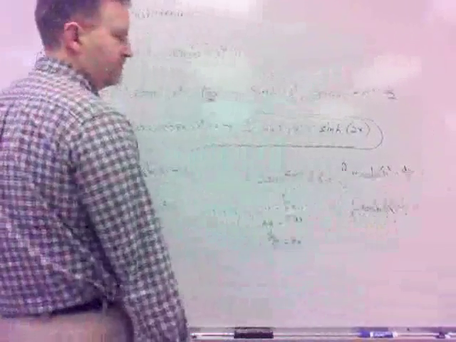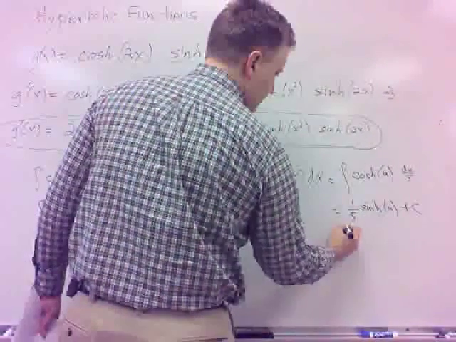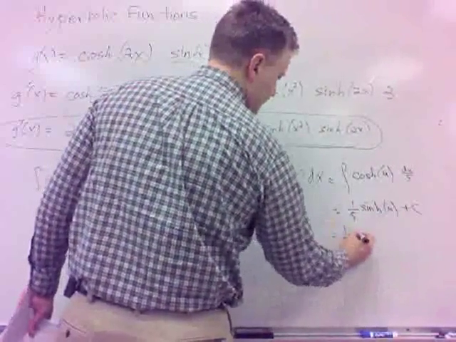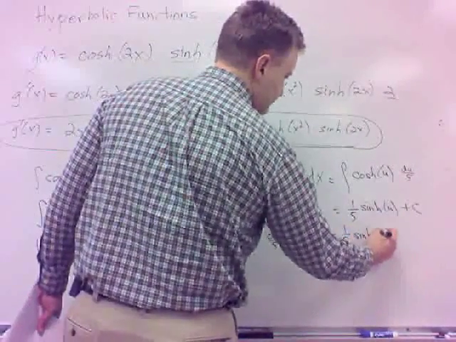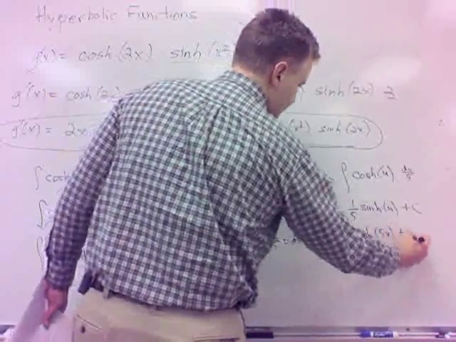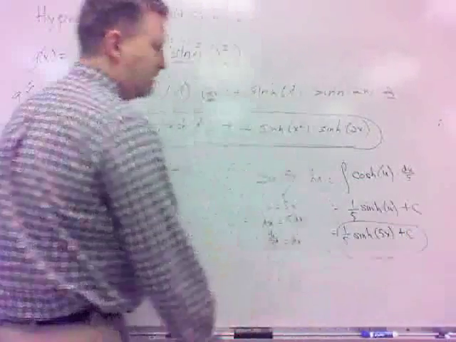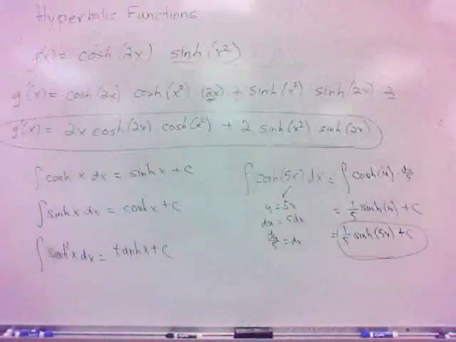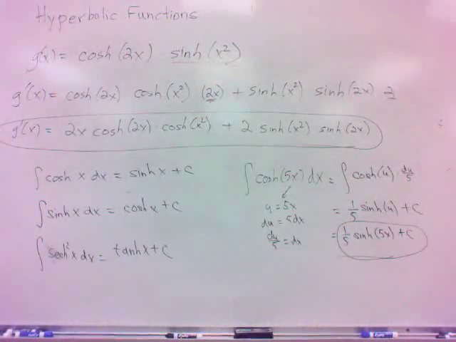So I'd have 1/5 the sinh of u and then go back to the x. So it'd be 1/5 the sinh of 5x. See? Okay?